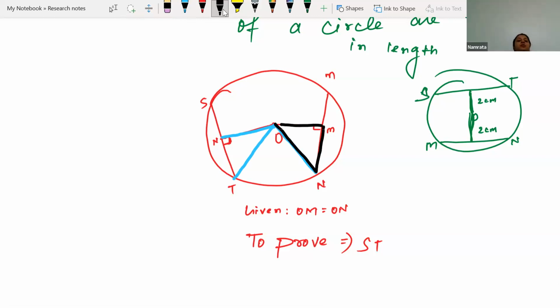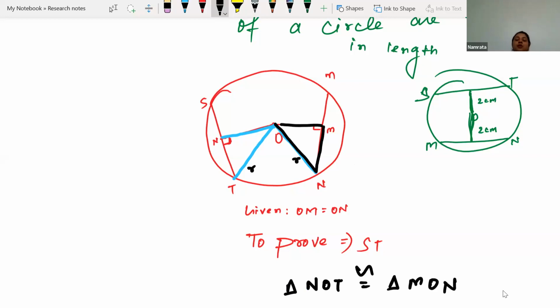We will show that both triangles are congruent with each other. Just like the previous way, there is 90 degrees there. This is radius, this is radius, and you can also see that sides ON and OM are given as the same. So obviously both triangles will be congruent. So triangle NOT will be congruent with triangle MON.